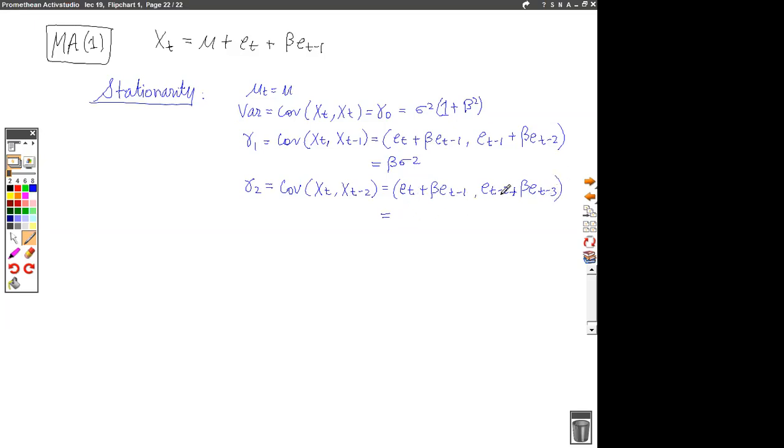Wow, I forgot to write the covariance here. Yeah, so this is going to be just 0. And I observe that if I take t minus 3 here, I will have t minus 3 and t minus 4. So for all of my gamma with a value of k greater than or equal to 2, it takes the value 0.